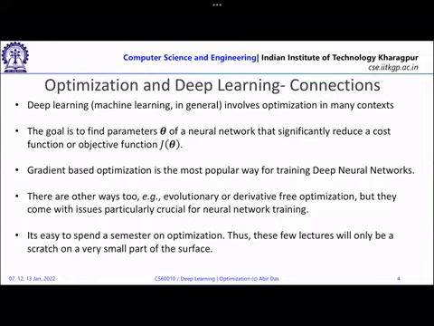First of all, our goal is to find the best parameters for a neural network or any machine learning model. It can be a neural network, an SVM, a random forest, etc. The best set of parameters is the one that provides a minimum value to some objective or cost function.